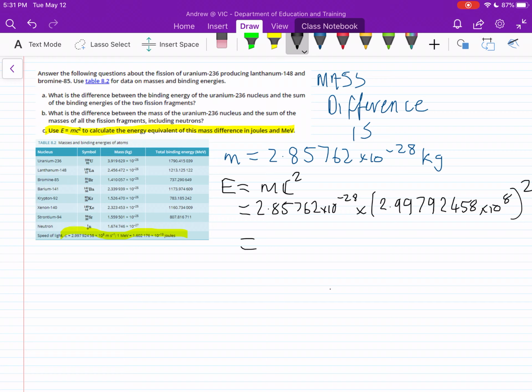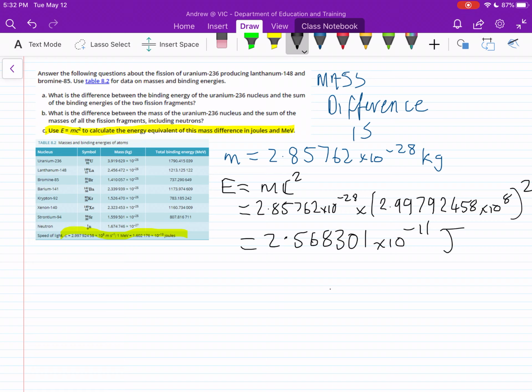So with this, we've got 2.568301, sorry, by 10 to the negative 11, and this is in joules.